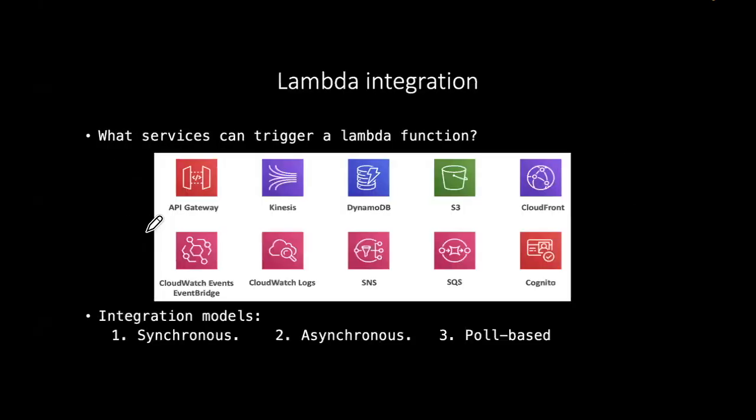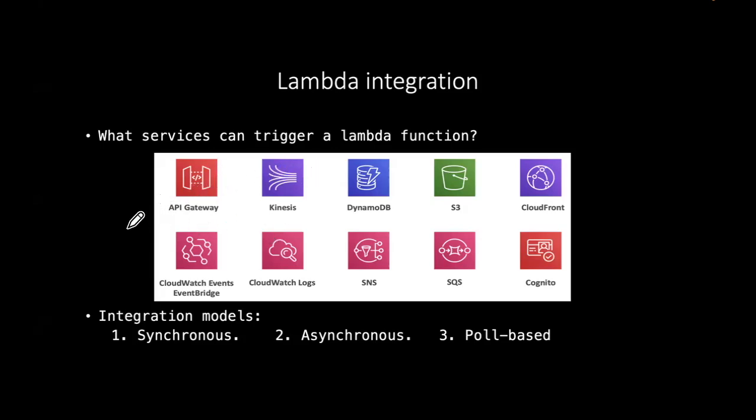By Lambda integration, what I mean here is what services can trigger a Lambda. And an awful lot of them can trigger your Lambda function. I'm only showing some of them here.